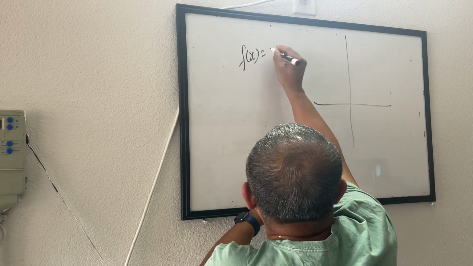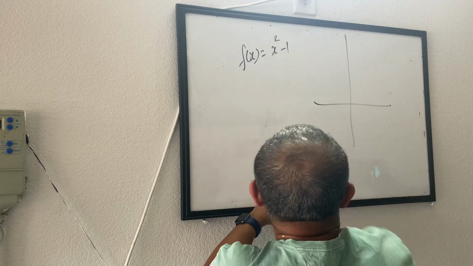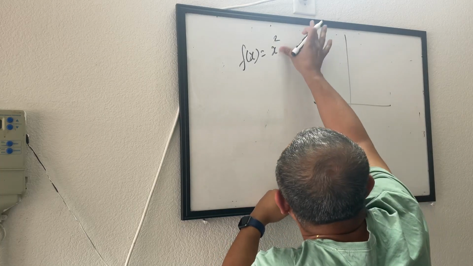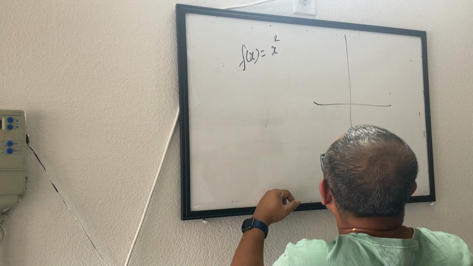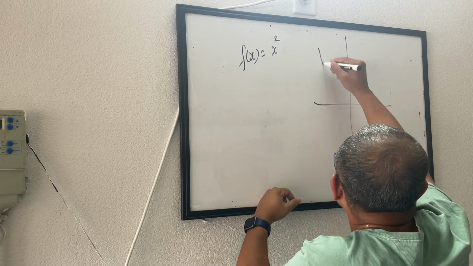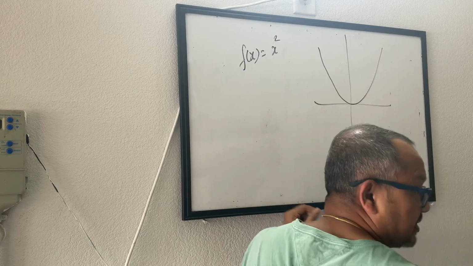Let's say I have f of x defined as, let's say, x squared, and that plots a graph like this for me.